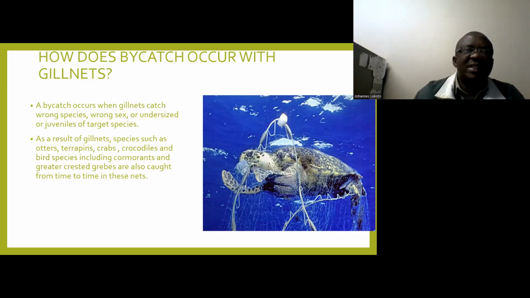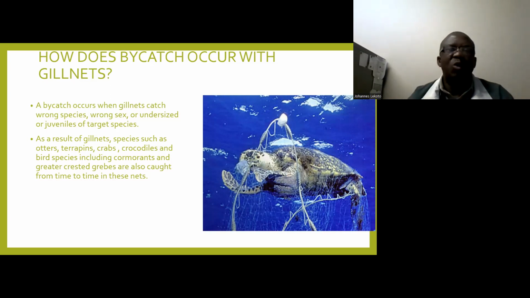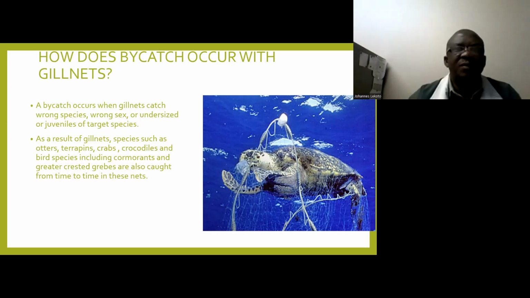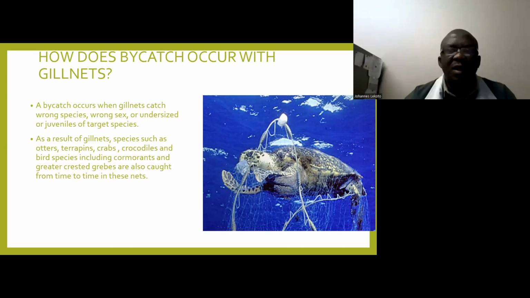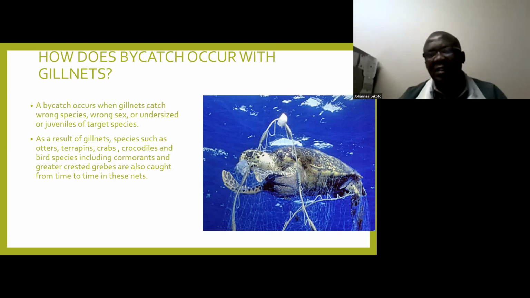As a result of gillnets, species such as otters, terrapins, crabs, crocodiles, and bird species, including cormorants and greater crested grebes, are also caught from time to time in these nets. I understand that in some areas, even small hippos get caught in gillnets as well.